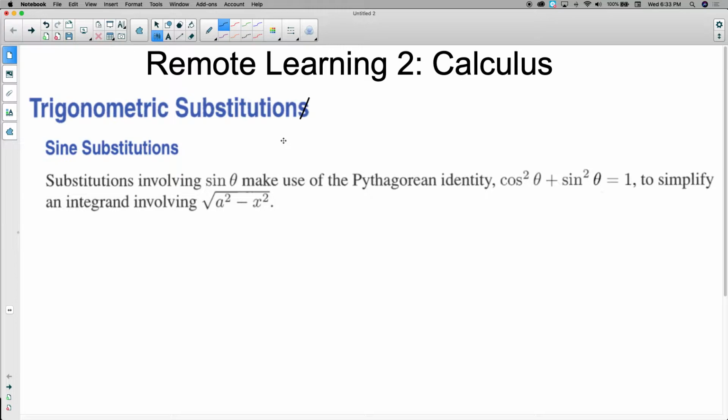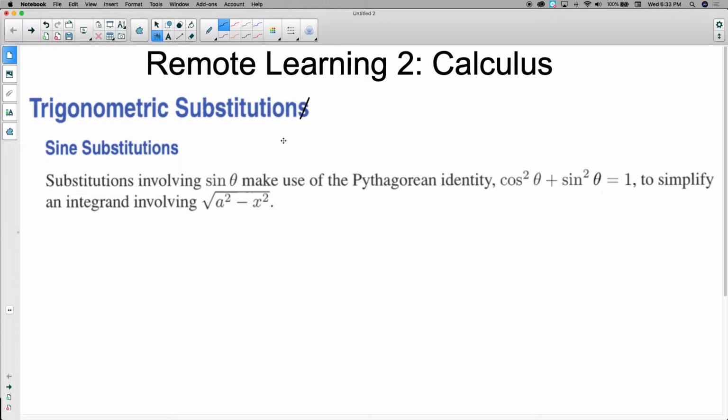So when you use a sine substitution, the problem falls out just perfectly, and you'll see how that happens. But knowing when to use a trig substitution, or in this case a sine substitution, is the tricky part.